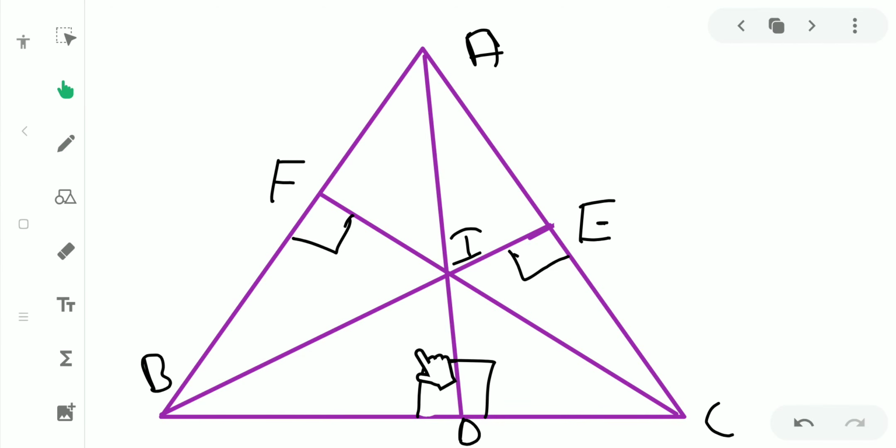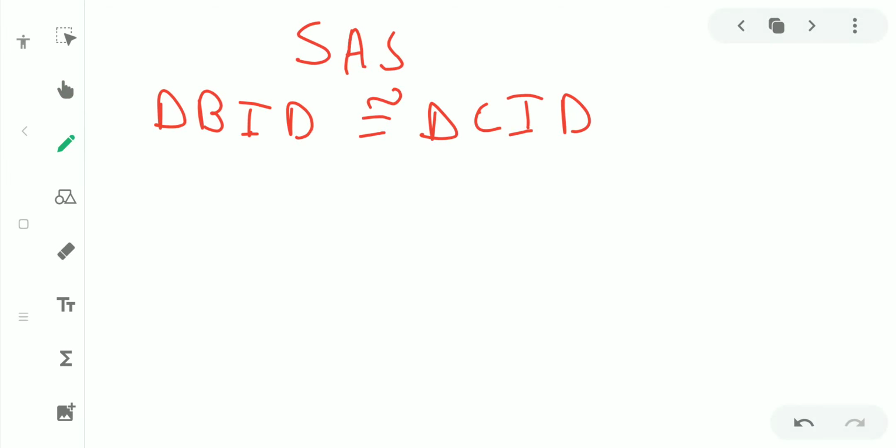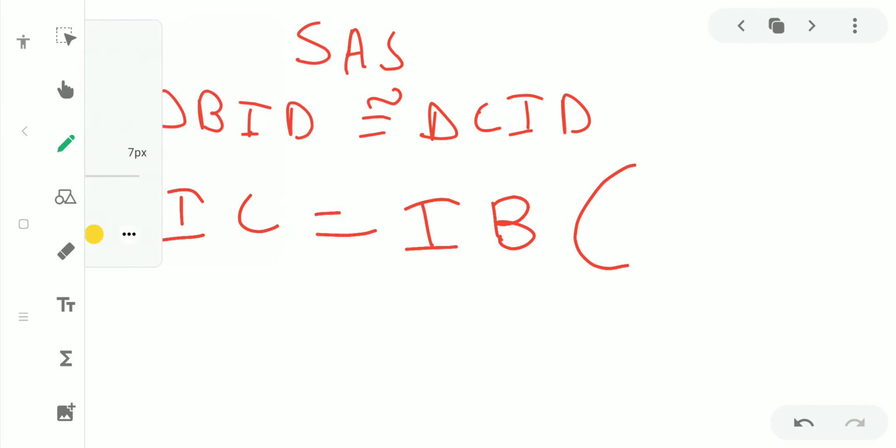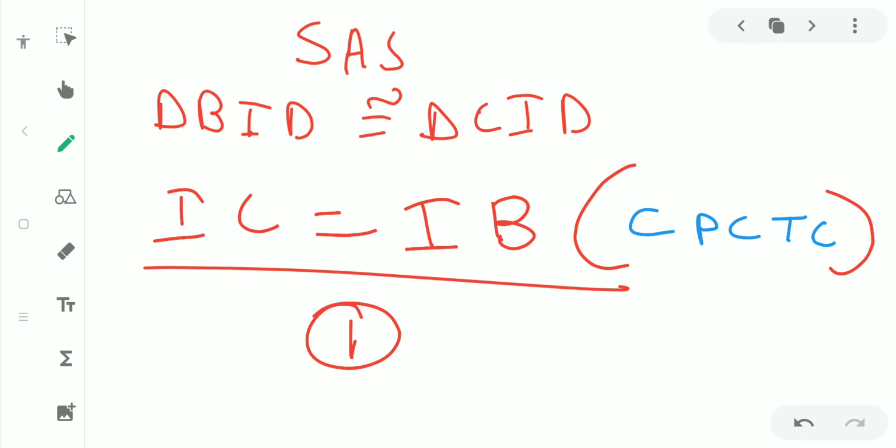Now on placing one over the other, I will have IC is equal to IB, and the reason is CPCTC. Now let us make this as equation 1.